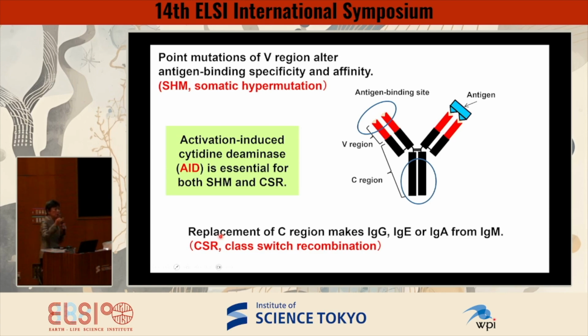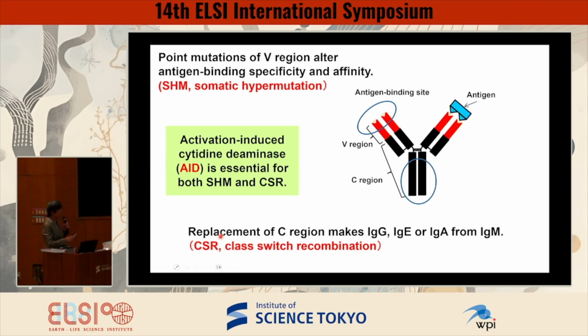Everyone has this system, and every day in your gut, in your germinal centers, many newly developed IgA antibodies are produced, because the germline sequence can be changed by the somatic hypermutation system.